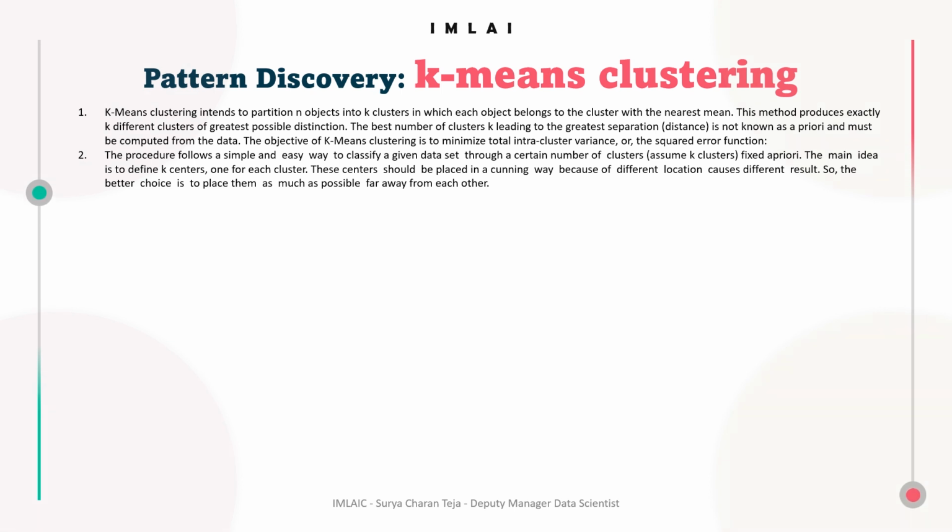The procedure follows a simple and easy way to classify a given data set through a certain number of clusters. Assume k clusters fixed a priori. The main idea is to define k centers, one for each cluster. These centers should be placed in a cunning way, because different locations cause different results. So the better choice is to place them as far away from each other as possible.